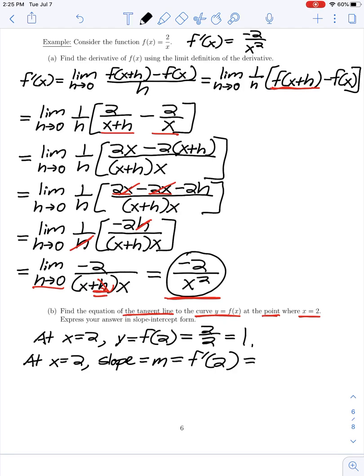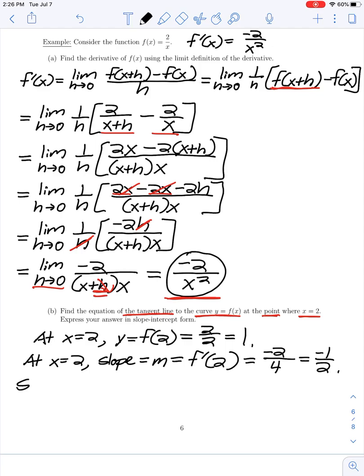So using our result from part A, we found the derivative was negative 2 divided by x squared. So if x is equal to 2, x squared would be 4, and this reduces to a slope of negative 1/2. Now, if we have the slope of a line and a point that the line passes through, we can find the equation of the line making use of point-slope form.